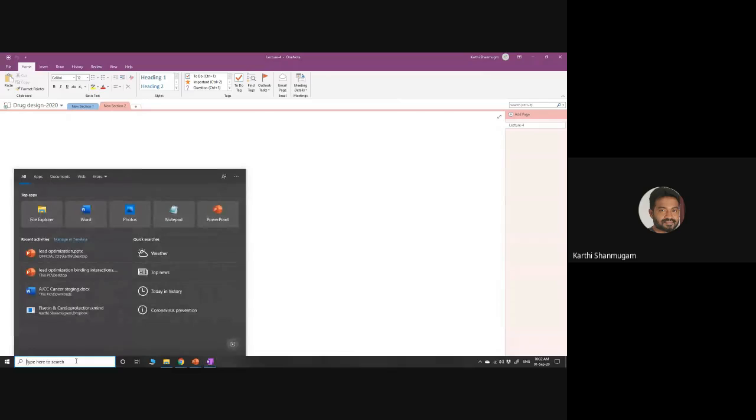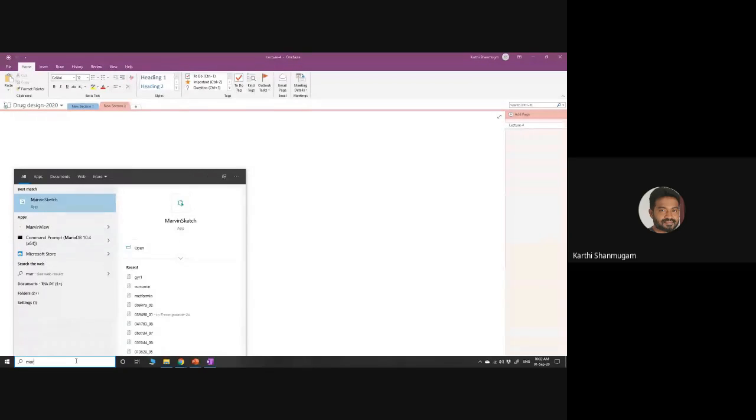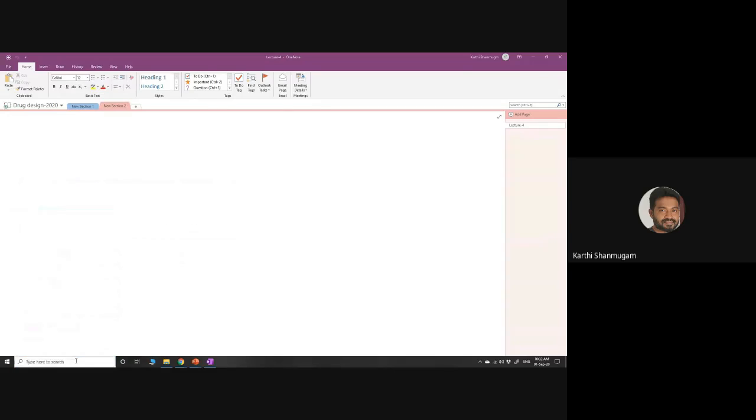I just want to take the structure of morphine here again. Let me draw the structure. Or I think I have some other drug structure. Let me take that picture.